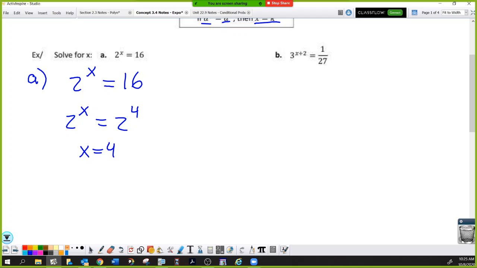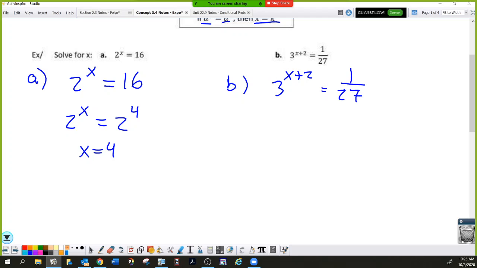Not a very good example. I don't like it. The next one's a little bit better. First things first, what bothers you? It's a fraction, right? Well, why don't we just write it as not a fraction?